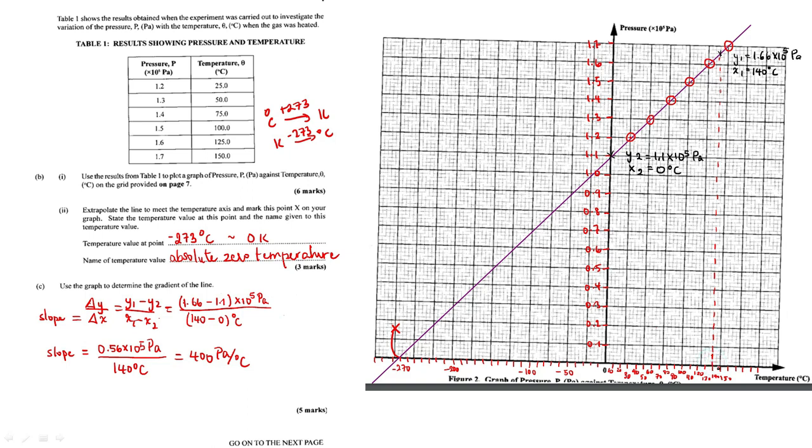So as you can see here, the x coordinate is definitely 140 degrees Celsius, and when you go across, it will be 1.66.